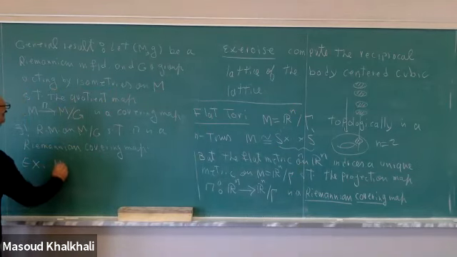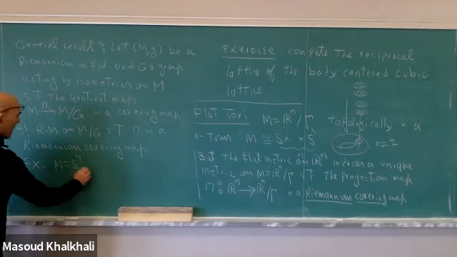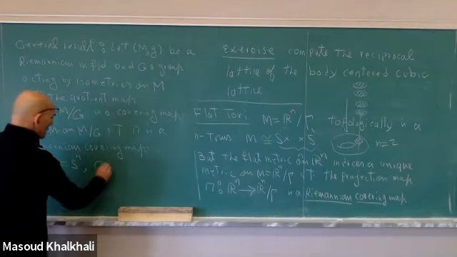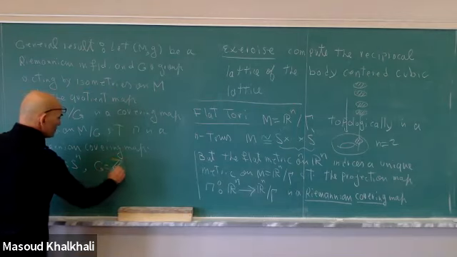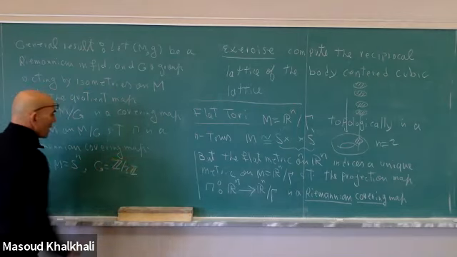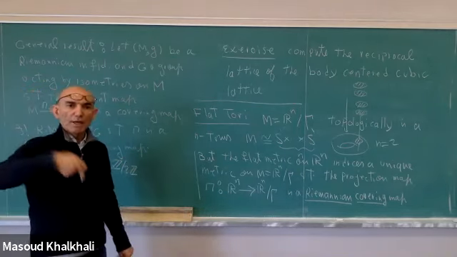So take M equal to Sn and take G equal to Z mod 2. So this is the antipodal action, right?